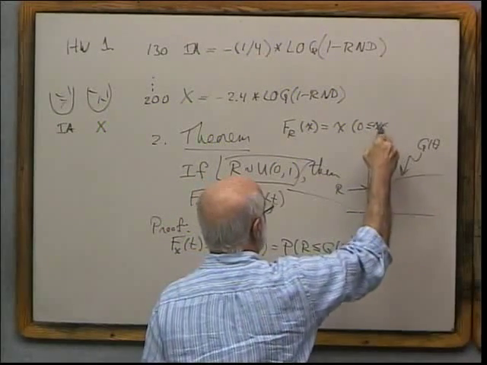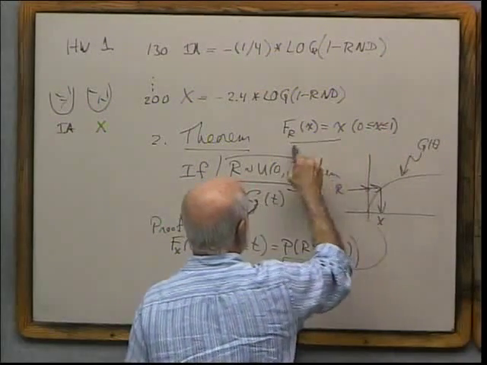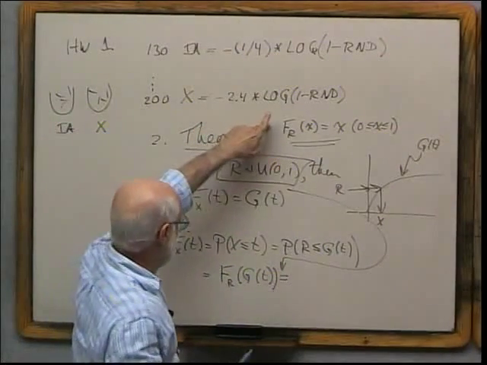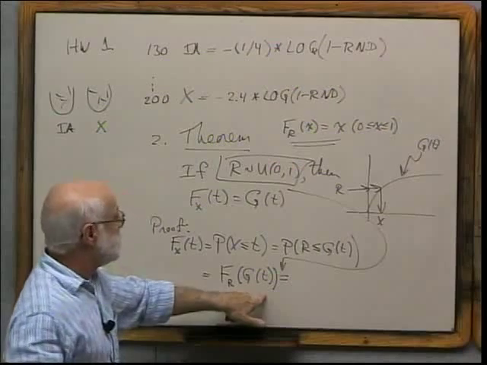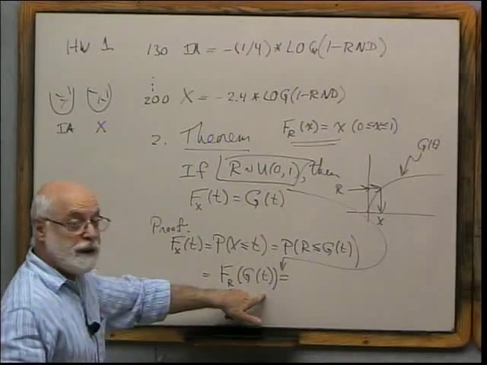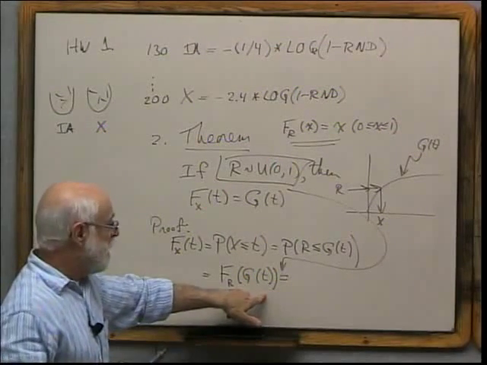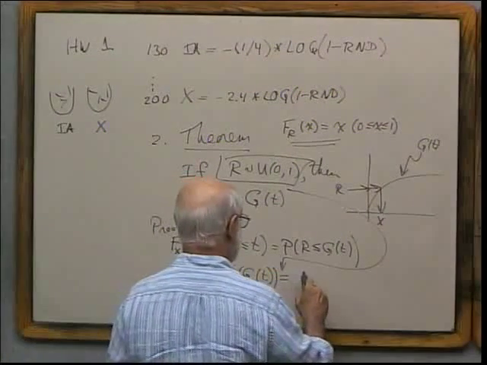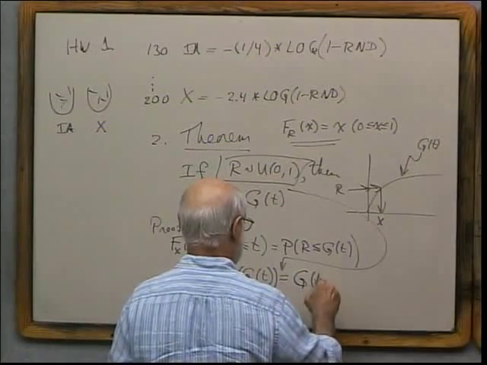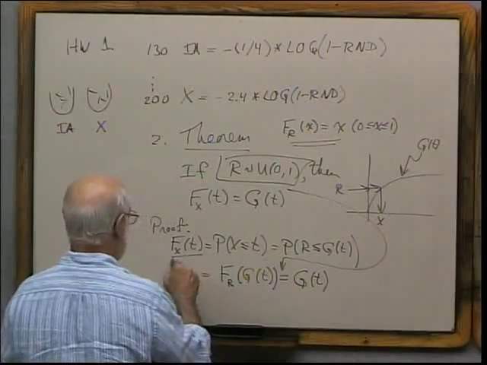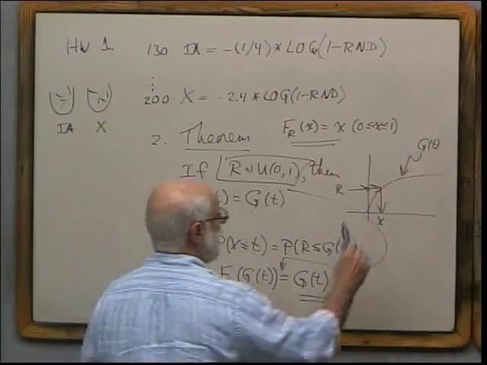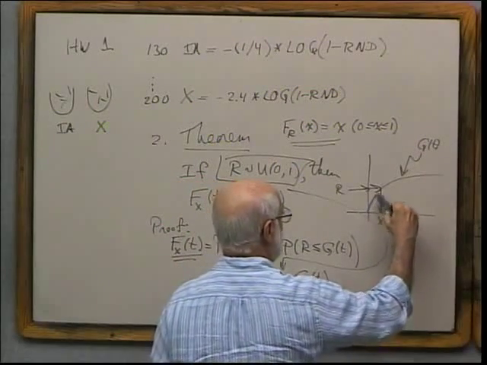That's the definition of the uniform distribution. So the distribution function evaluated at G of t, since G of t, being a distribution function itself, necessarily lies between 0 and 1, must be G of t. Well, case closed. The distribution function of X is G, which is the formula that was used for this curve to which you are projecting.